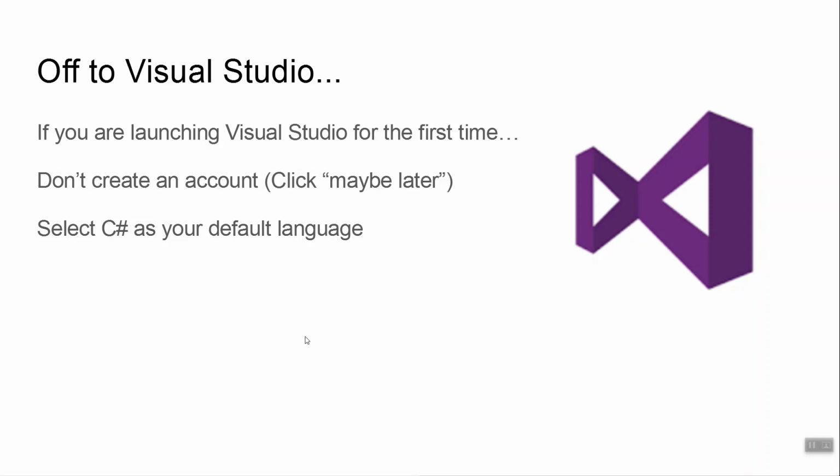So if you have not installed Visual Studio before, you do not have to create an account. When you launch it, it'll say create an account. There's a very small little bar that says maybe later, just click that, and then make sure you select C# as your default language. That way, when you go to create a project, it will give you C# project templates as opposed to C++ or VB project templates or something like that. So when you're installing Visual Studio, those are things to keep in mind.